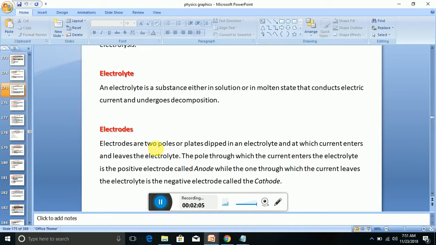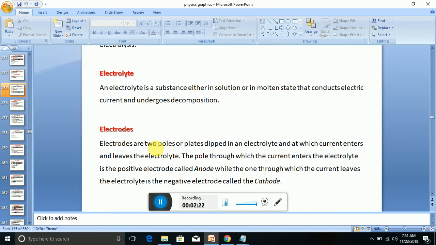So that very point in the source where the electric current enters the electrolyte is known as the anode, while the one through which the electric current leaves the electrolyte is the negative electrode, called the cathode.